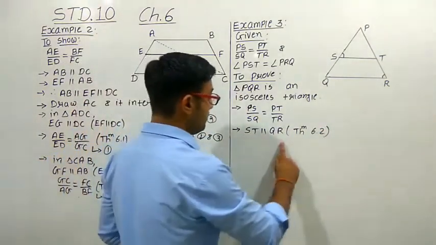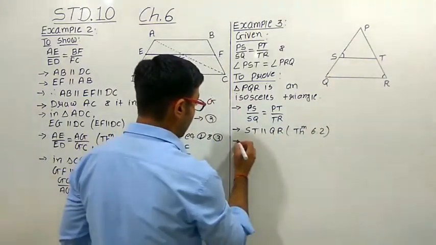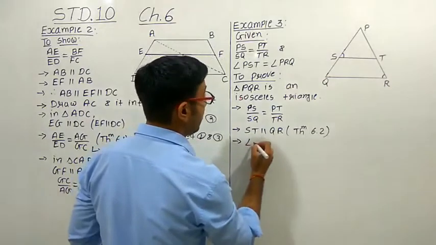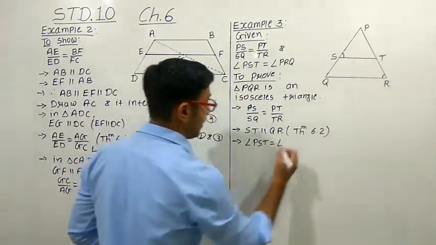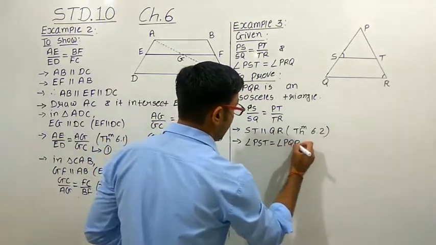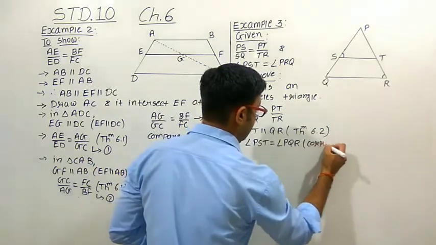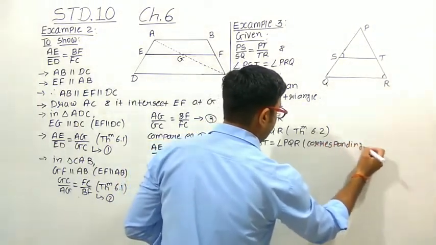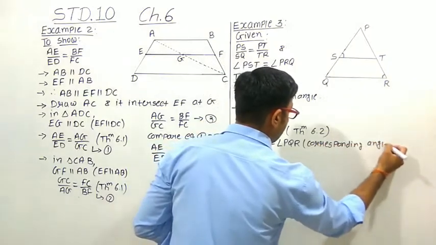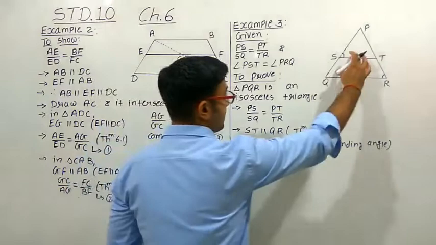So now what we required is here ST is parallel to QR, and therefore we can write down angle PST is equal to angle PQR. And why we can write this is according to the corresponding angles, right? According to the corresponding angles, both these angles are now equal.